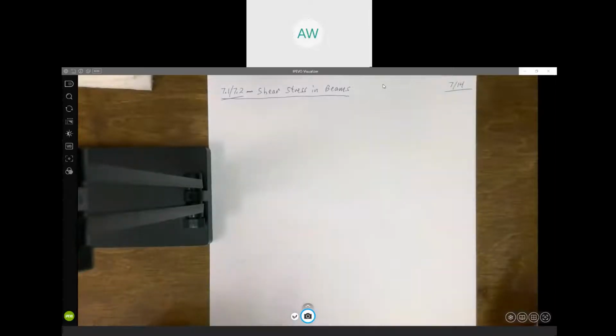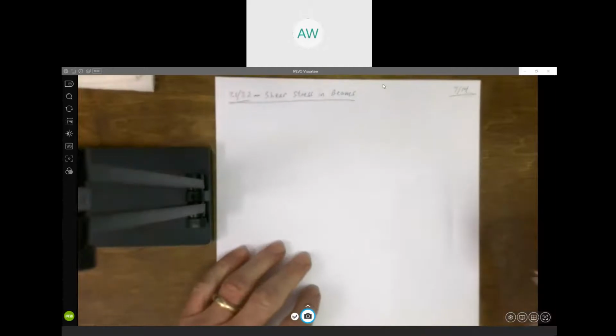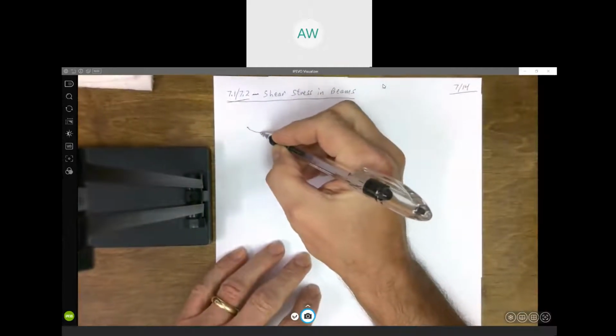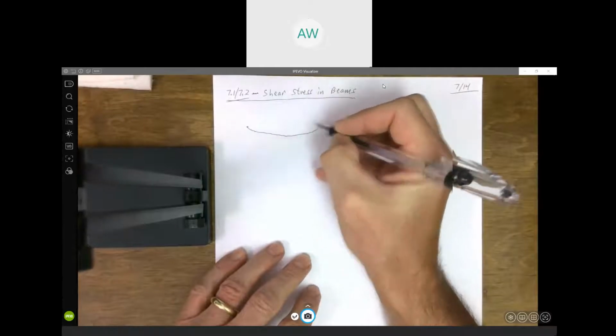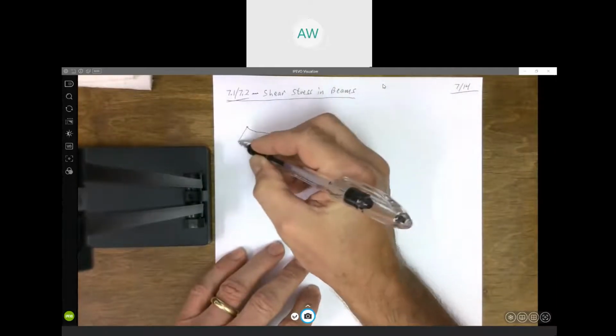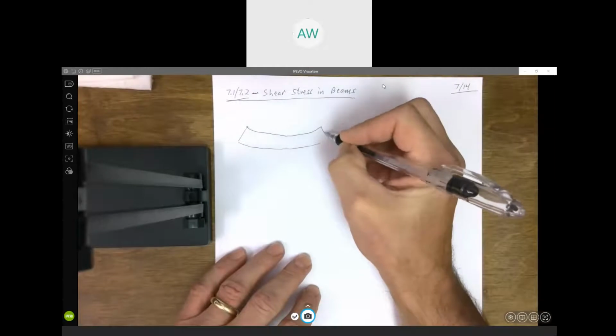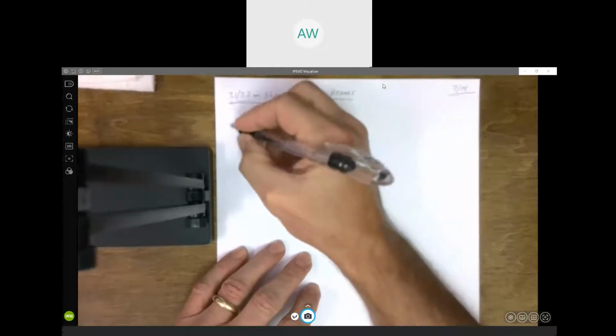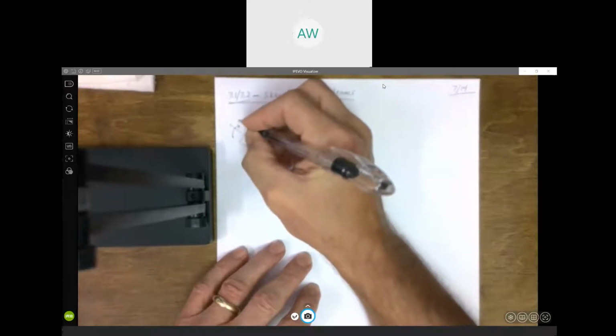Okay. All right. So let's start with a beam that's being bent. We'll try to draw this deformed bent beam here. So we apply a moment.